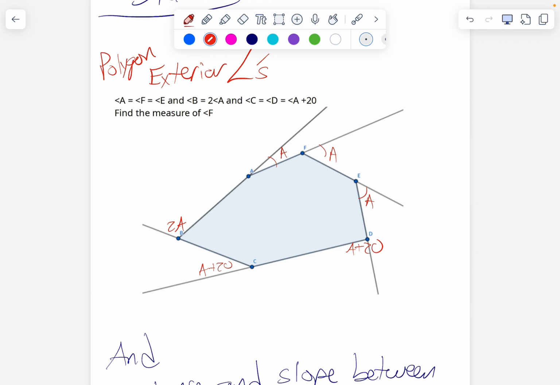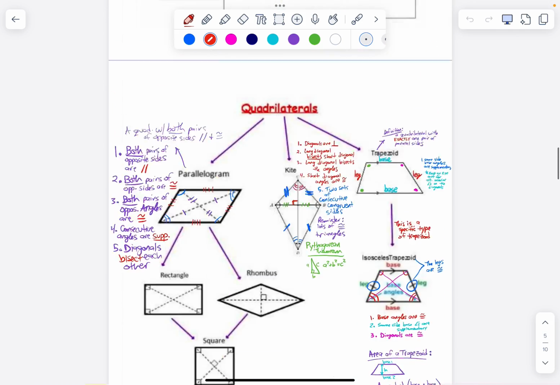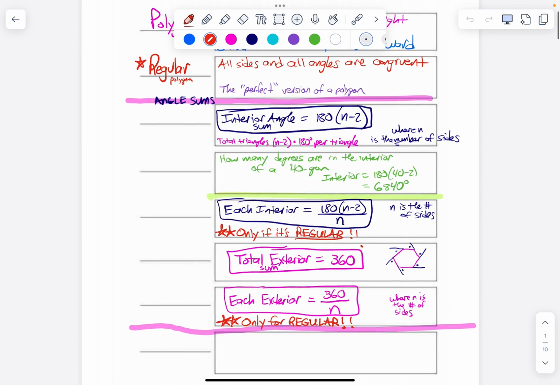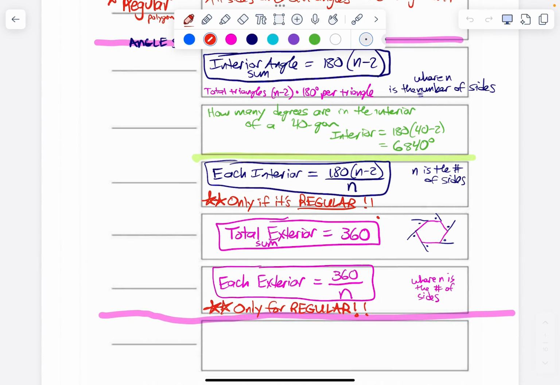That's right. It has to be a regular polygon to use that each formula. So which one are we using? Gosh, if only we had it written down somewhere. That would be so cool. It's right here.